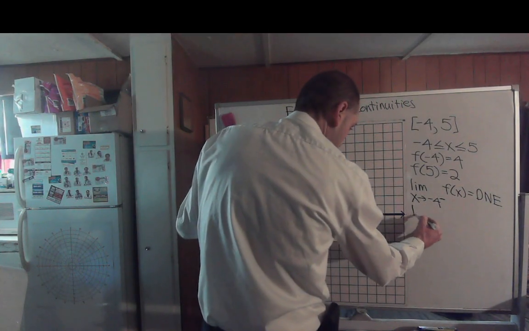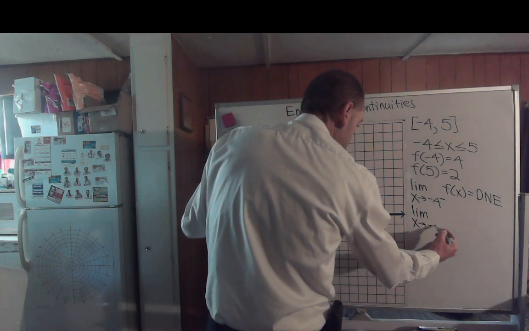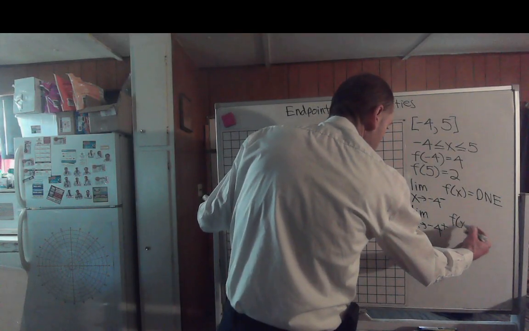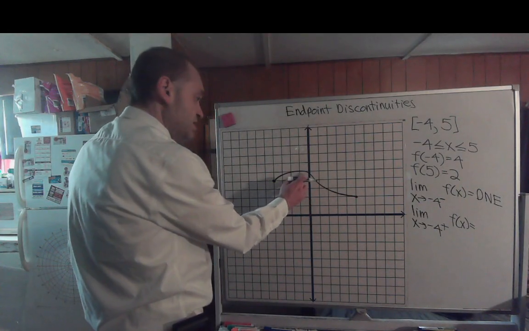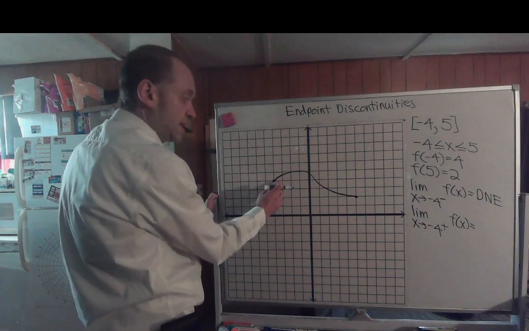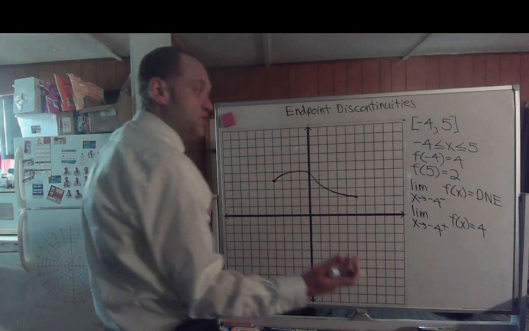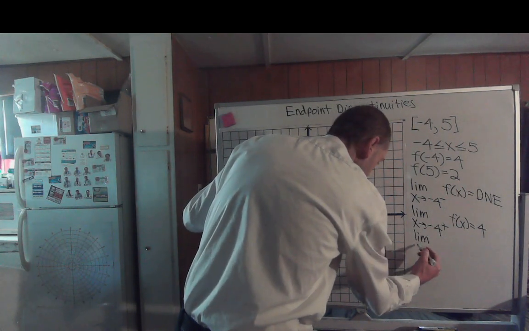Now the right-handed limit will exist. The right-handed limit as x approaches -4 of this function: if we go along the curve, trace along the right till we reach x equals -4, that's going to be that y value of +4. But the general limit fails to exist because the left-handed limit doesn't exist.